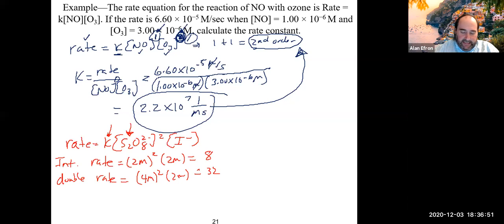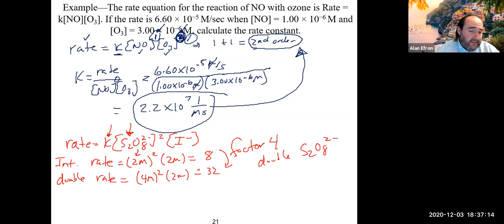So what I would see here is my rate would actually go up by a factor of 4 in this case if I double my S2O8 2 minus. So again, you could use rate laws to determine what would happen. Obviously, if we cut back and halved the original guy down to 1 molar, that would give us 1 squared, which is 1. 1 times 2 is 2.